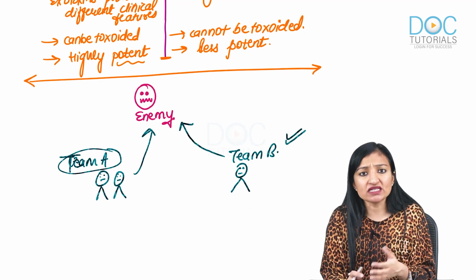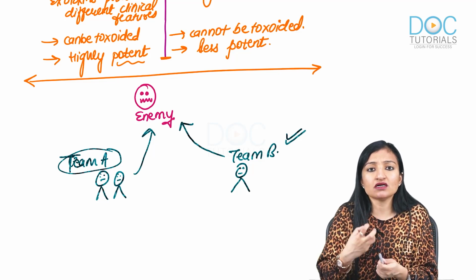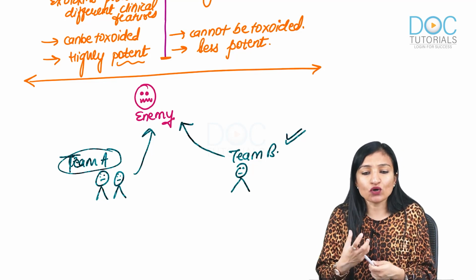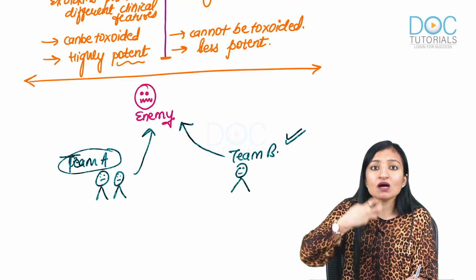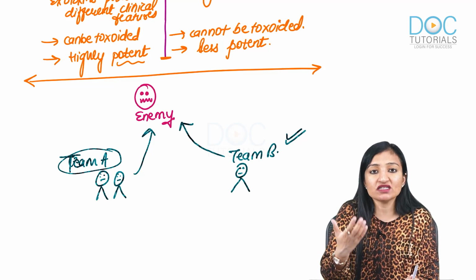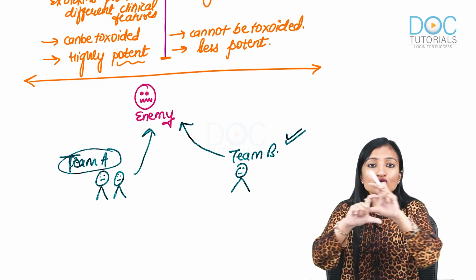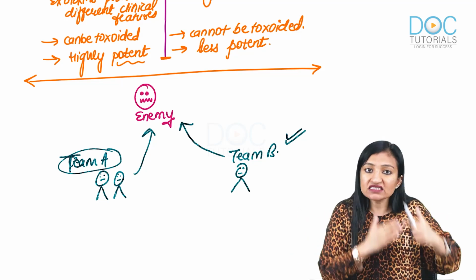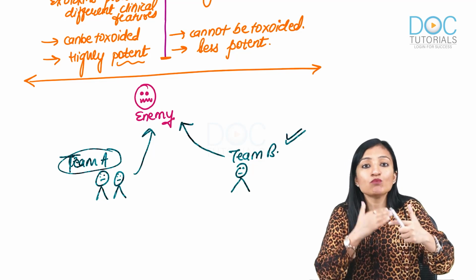So what is meant by potency? Potency is a measure of the competence of the toxin to produce the same type of effect. How much amount of toxin is needed is reflective of what is known as potency. If to produce a particular amount of effect, less amount of toxin is needed, then that toxin is said to be more potent.